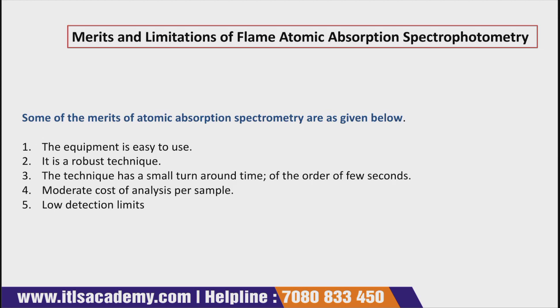The merits of atomic absorption spectrometry: the equipment is very easy to use, it is a robust technique, it has a very small turnaround time of the order of a few seconds, moderate cost of analysis per sample, and low detection limit. In simple words, it is cost effective.